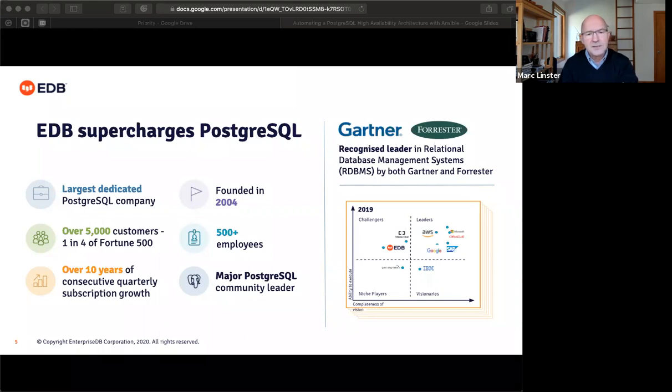Okay, and then the other thing that I want to emphasize is, Gartner has recognized Postgres, especially EDB Postgres, in the Gartner Magic Quadrant since the Magic Quadrant has been published again. So for many years now, we've been in the Magic Quadrant. And what's really important is today, EDB Postgres is the only open source relational database that is in the Magic Quadrant. Okay, let's go forward, please.